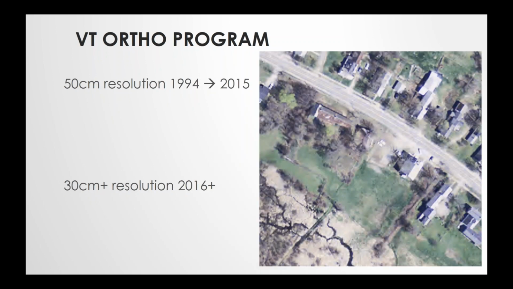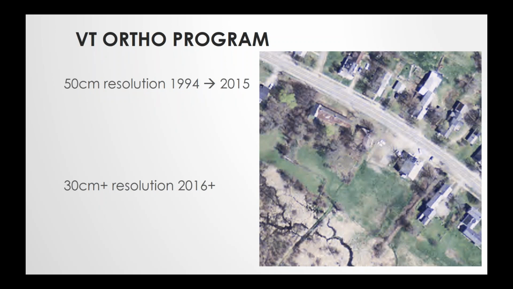The program in the past was a 50 centimeter resolution, and I'm referring to from 1994 to 2015. It was a 50 centimeter resolution. We have subsequently moved to a 30 centimeter base with our new Vintage 4 acquisition cycle, which began in 2016.